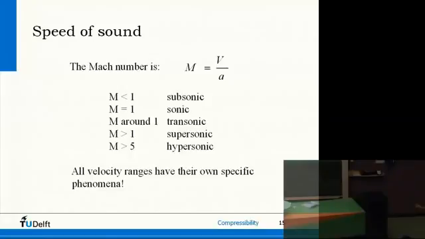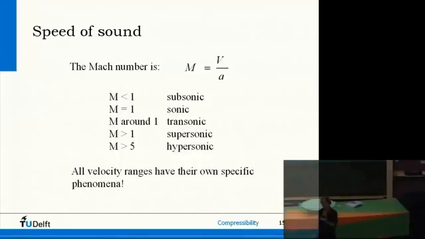Well, if the Mach number is smaller than 1, then the speed is smaller than the speed of sound, and we call the flow subsonic. We have actually a name also for low speed subsonic. Then we mean really so low, the speed is so low that you can assume incompressible flow, so the speed is then below 100 meters per second. But of course we have also high speed subsonic, so subsonic flows above 100 meters per second.